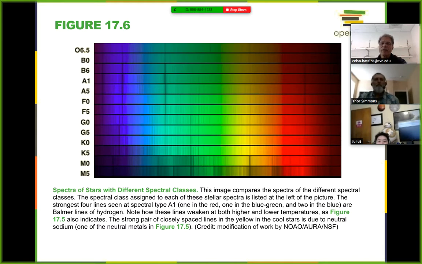So what is being shown here, if you look on the right-hand side, is the hydrogen line that becomes stronger in a star of spectral type A, right? And becomes very weak as you go to a star cooler than the sun. And in a B star, this hydrogen line disappears. This is to show that you can classify stars depending on the intensity of certain absorption lines.